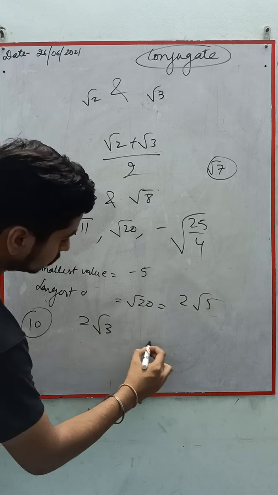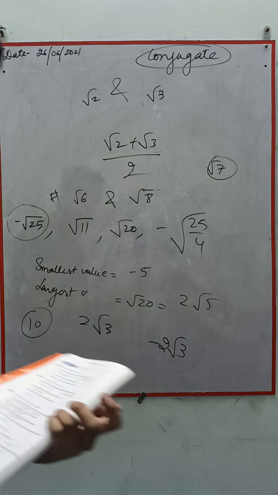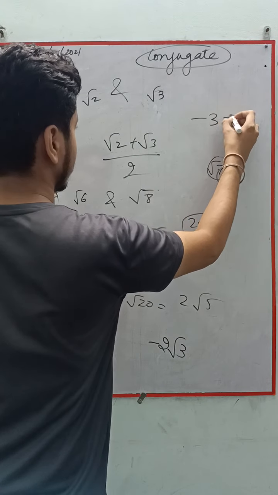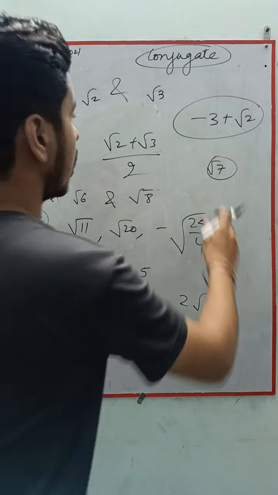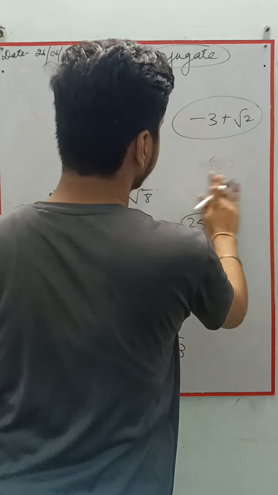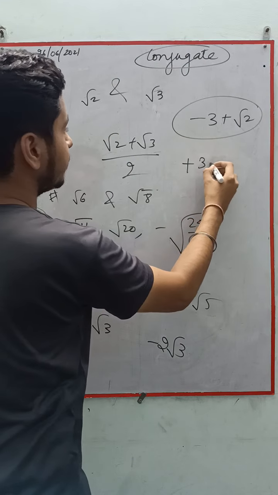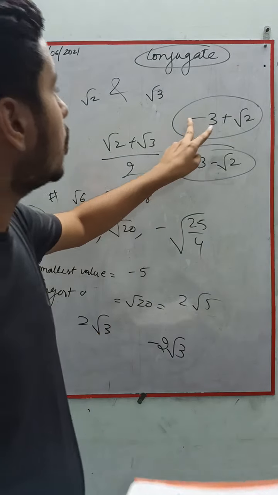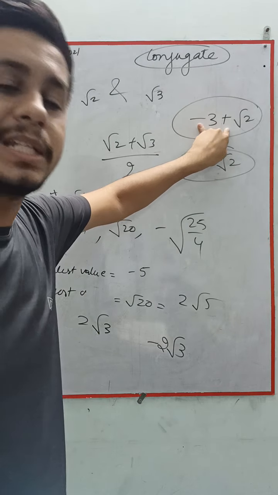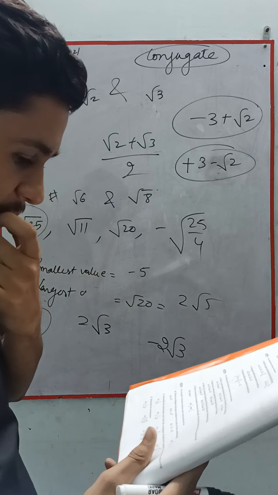The conjugate of 2 root 3 is minus of 2 root 3. Now the next question, I am taking minus of 3 plus root 2. So the conjugate of this number will be plus of 3 minus root 2, which says you only have to change the signs. That is how you will get the conjugate.